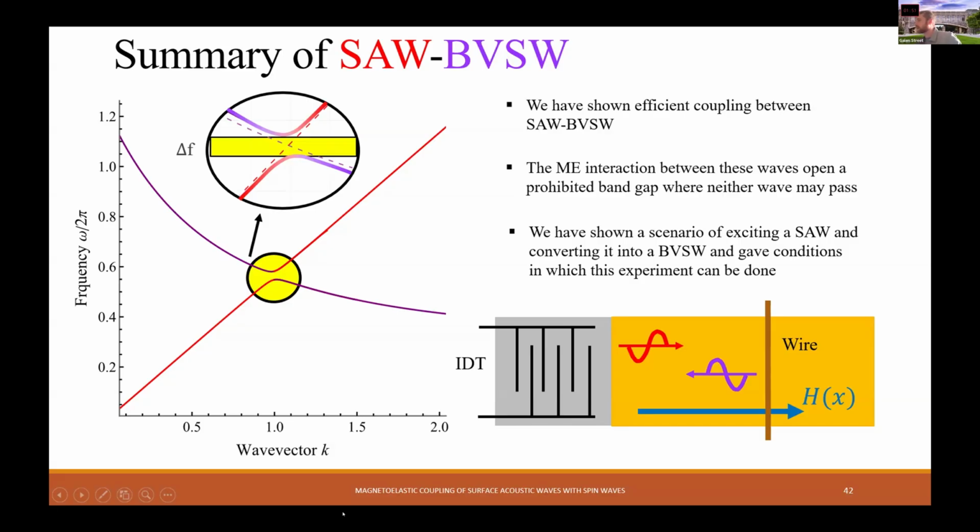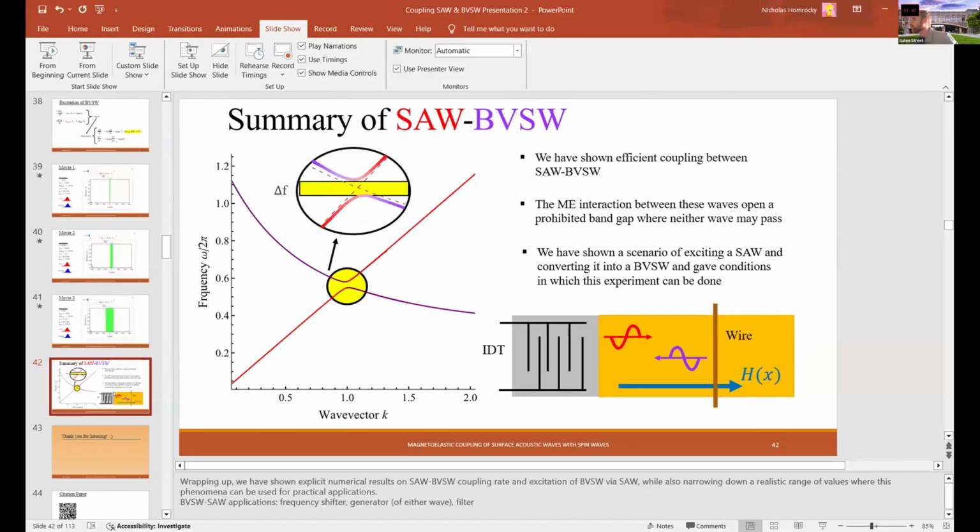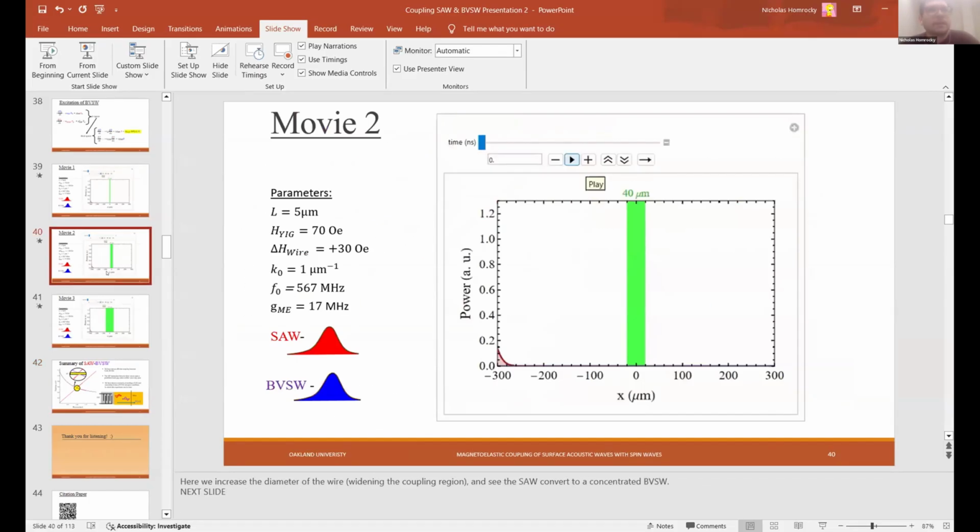First question in the chat from John is, pure exciting surface acoustic waves consistently, could they interact with backward scattering spin waves coming from your wire excitations? So looking at slide 4. Will they scatter?